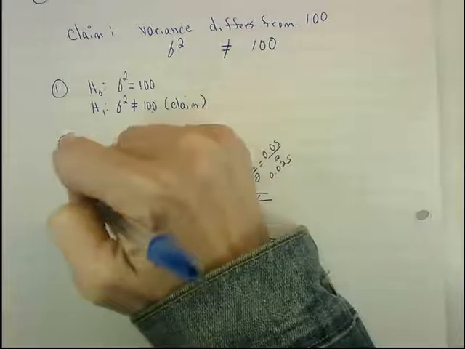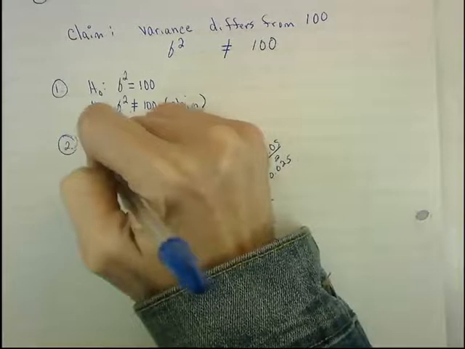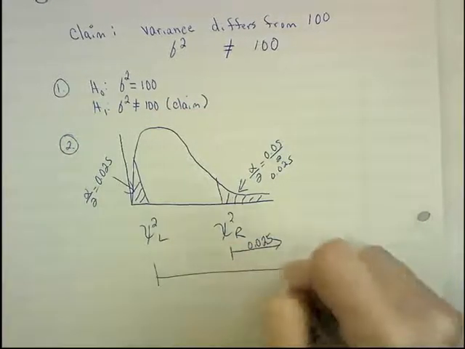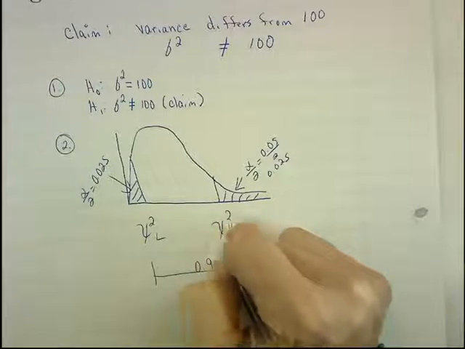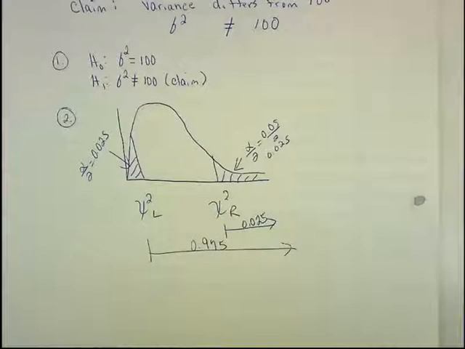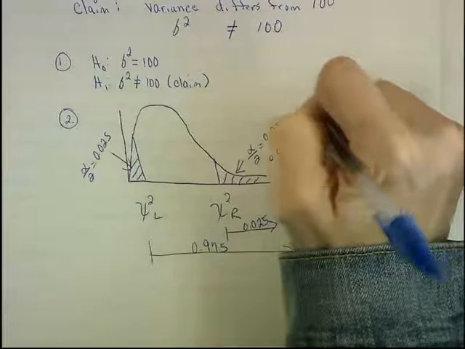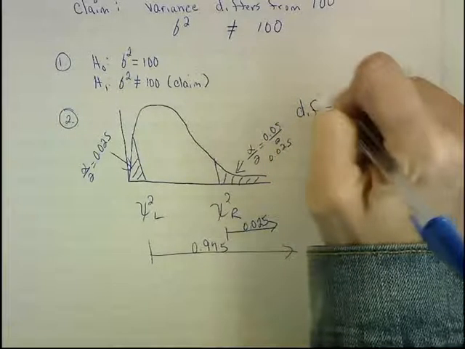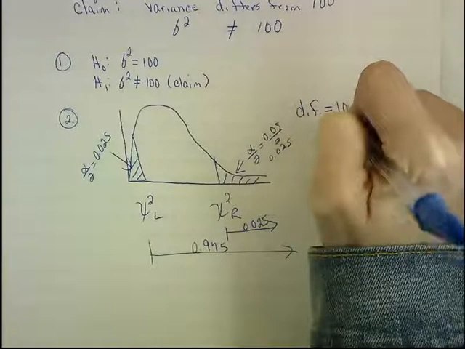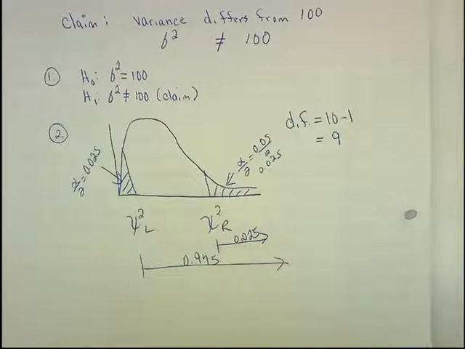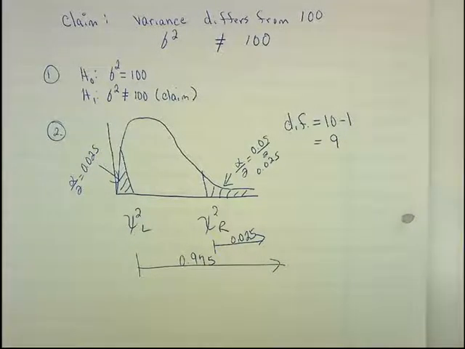And in the left tail is also 0.025. So the area above chi-square from the left is 0.975, and that's the column we go to. We would go to row 10 minus 1, which is row 9. Degrees of freedom would be 9. And go to those columns, and that's going to give us our two critical values.